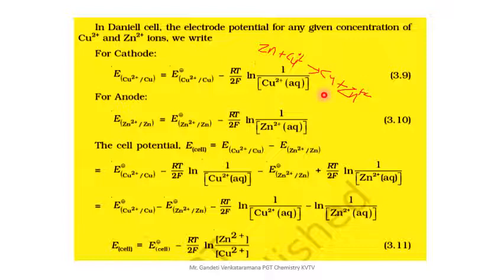So Zn2+ into 1, we need not mention it here. Similarly on the left hand side, zinc is a solid, so it is taken as unity, and again take Cu2+. So only focus on ions only. We take ions only, not the metals, because the value of the metals is unity. Clear? So how to write is very important.